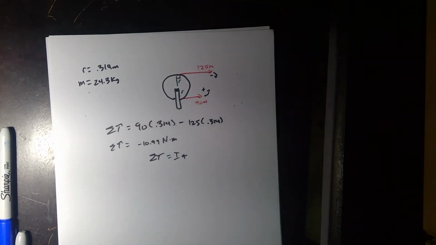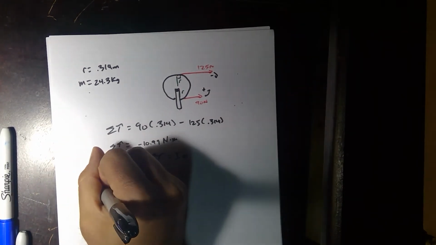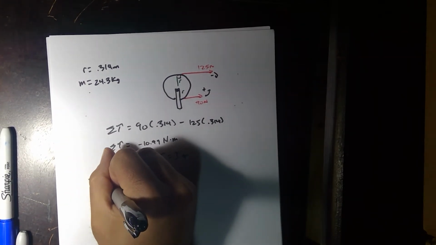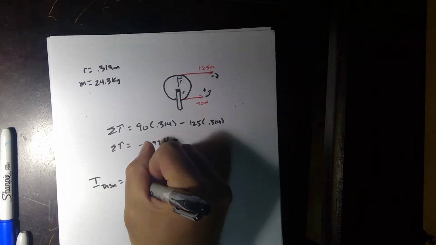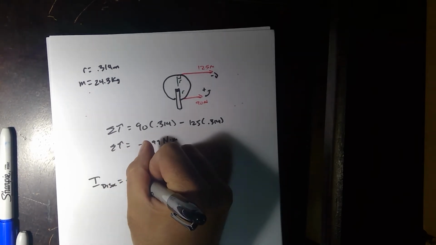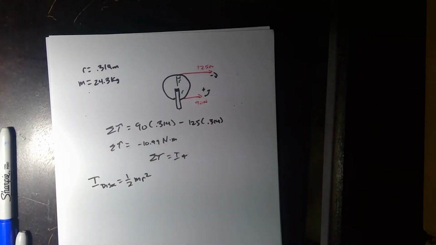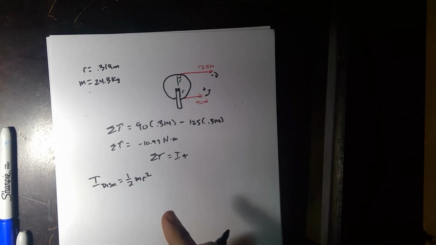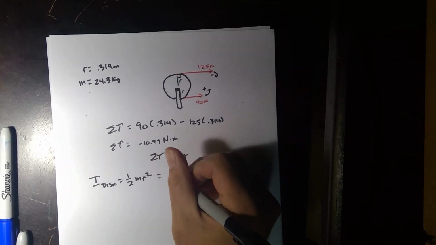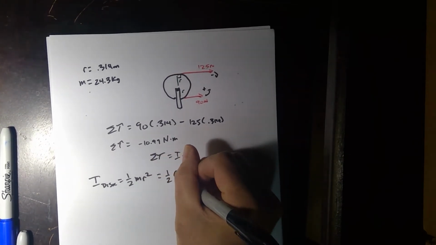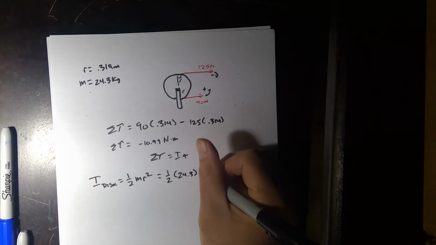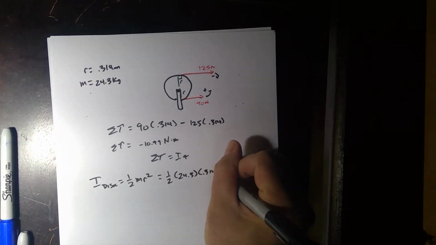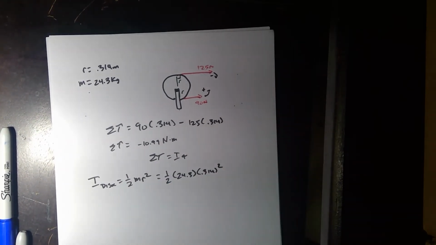Based on that, we can get I. This is a disk. If you look at the shapes that we were given, a disk is 1/2 mr squared. So we have the mass, we have the radius, we can get our I value here. It would be 1/2 times 24.3 times 0.314, square that.